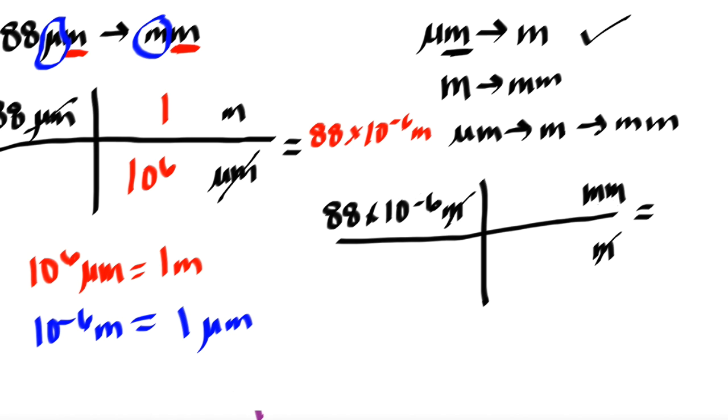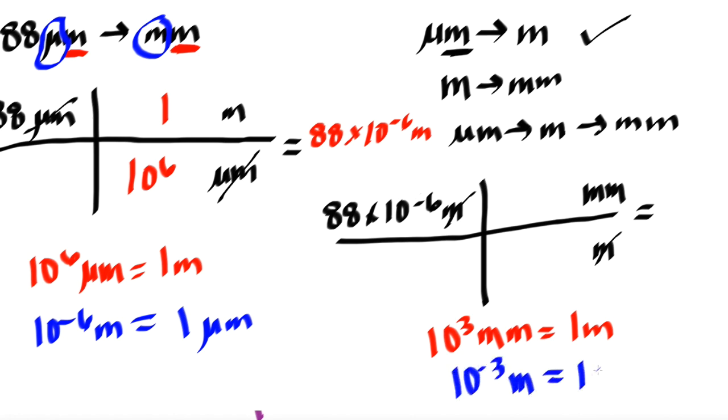We need to look at the relationship between meter and millimeter. So I know there's 10 to the 3rd millimeters in 1 meter, or if you want, you could say there is 10 to the negative 3 meters in 1 millimeter. It's up to you, whatever you want.